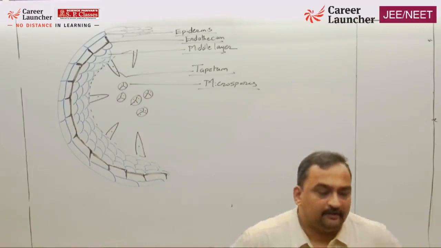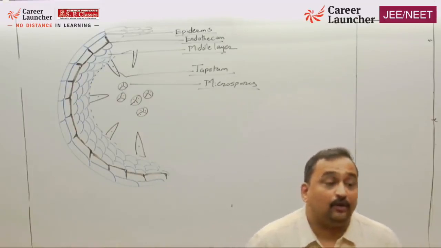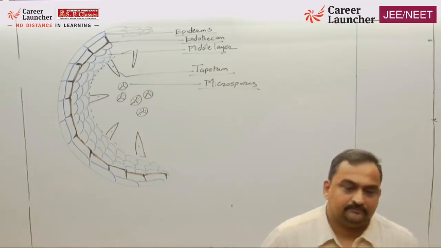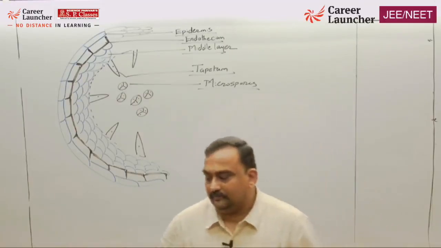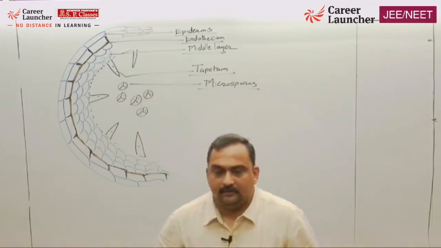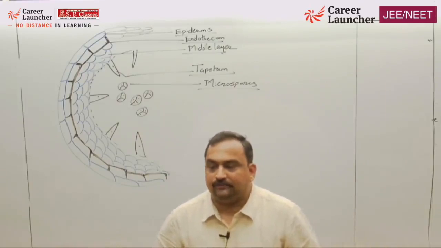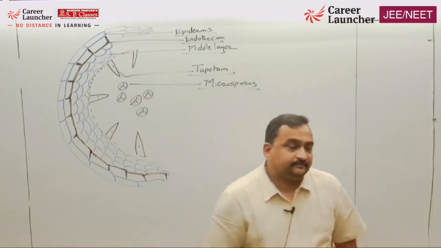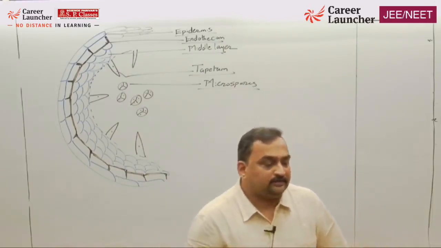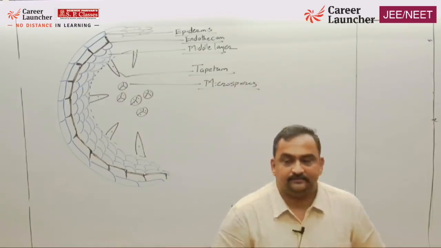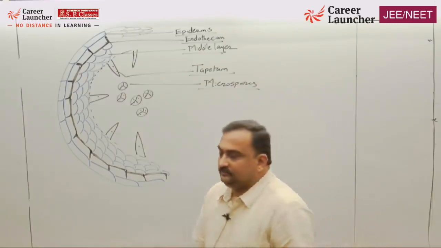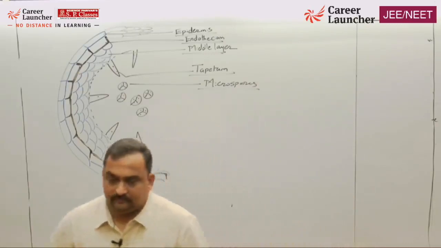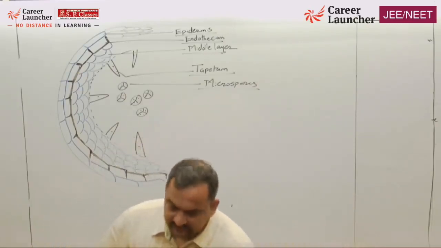First point, what will come? Anther wall. The anther wall consists of following parts. A. What is that?